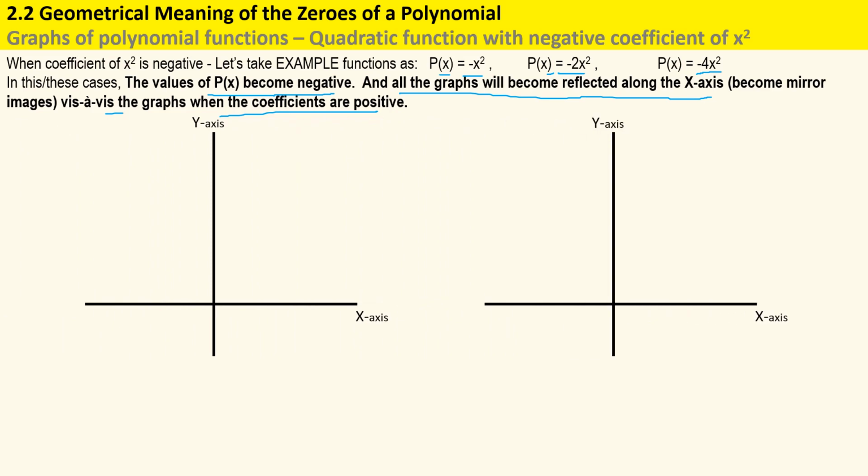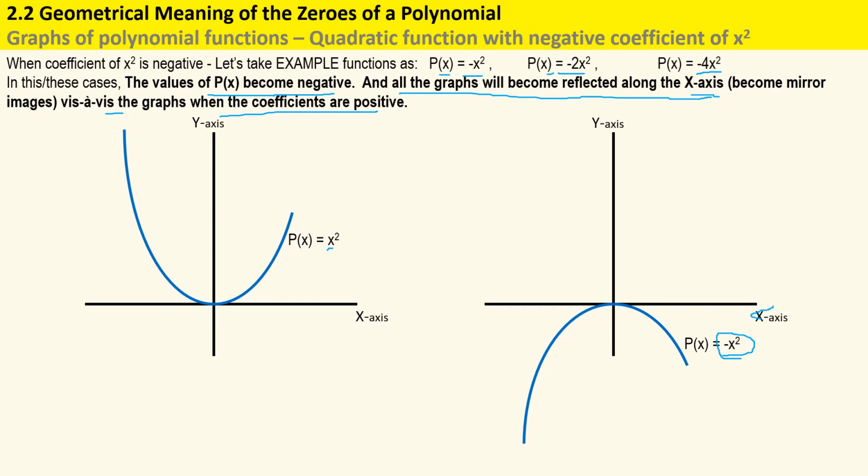We have taken two of such pairs, and let's plot p = x square, and let's also plot p = minus x square. So here you see, as we were talking about, along this x-axis, the two polynomials or the two functions are mirror images of each other.